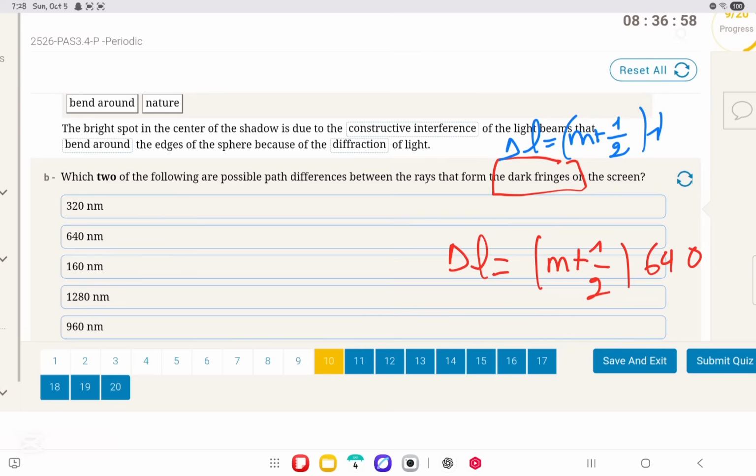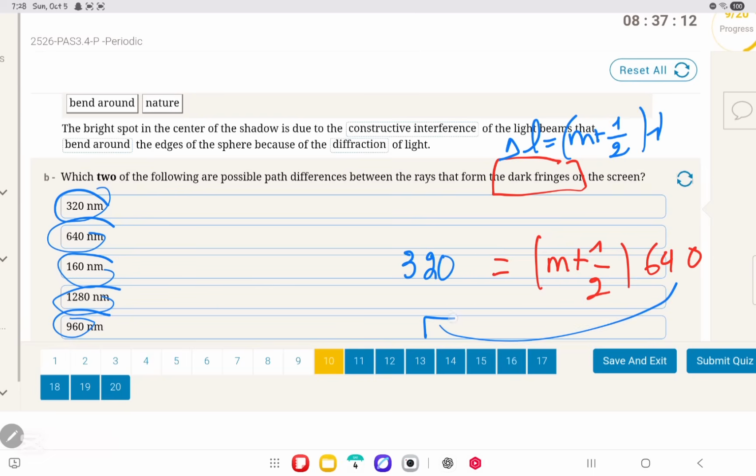First of all, let us take any value, for example 320, 640. And actually, let's try them all, okay? Delta L. Let's first start with 320. If you move this to the other side, it will be 320 over 640 is equal to m plus half. What's 320 over 640? It is basically half. That means the value of m is 0.